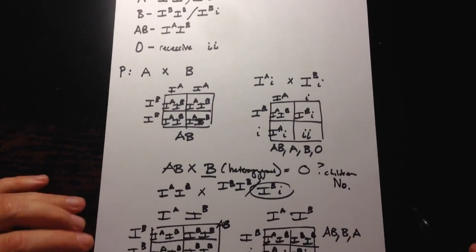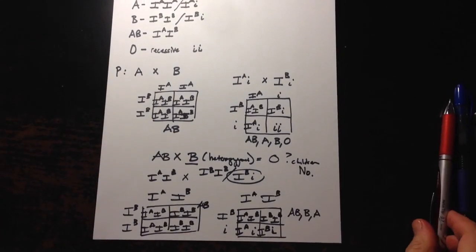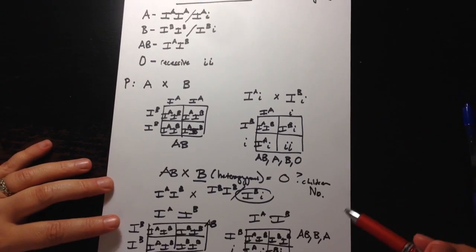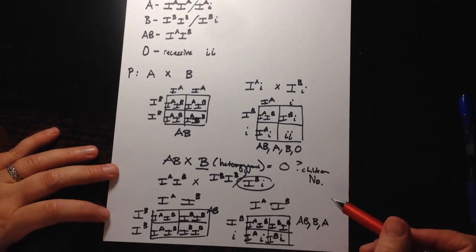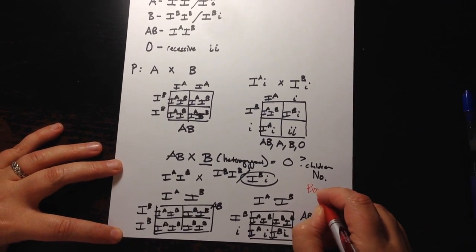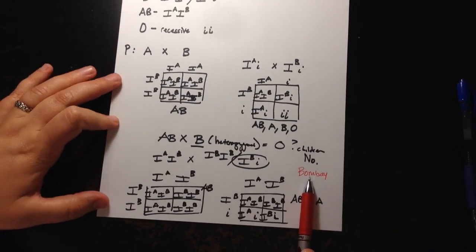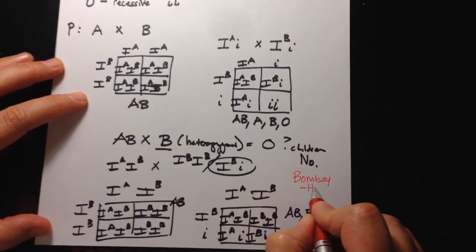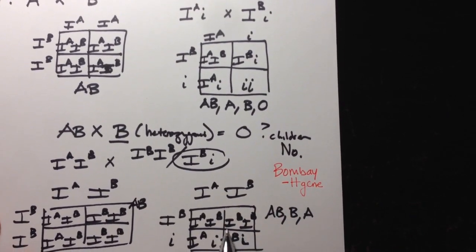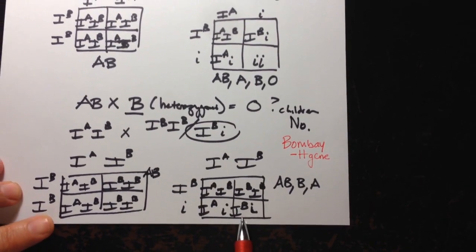That is not possible. However, there's one scenario that I want to point out that is very interesting. Remember I said that there are more than 30 different kinds of blood in humans, and one such rare blood type is called the Bombay phenotype. And it was discovered for the first time in India, in Bombay. And what happens here is an H gene is missing, and that causes a dominant allele to behave like a recessive allele.